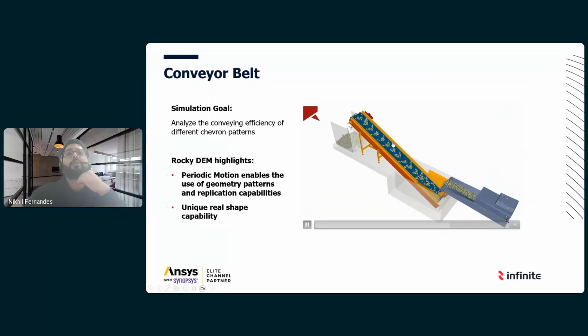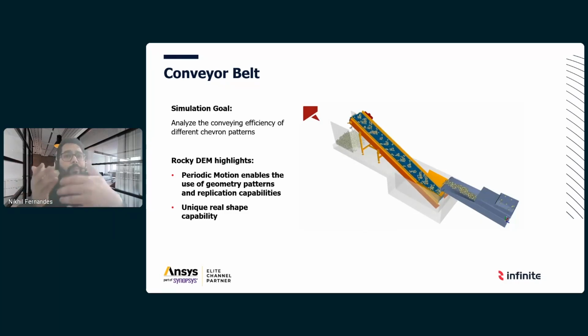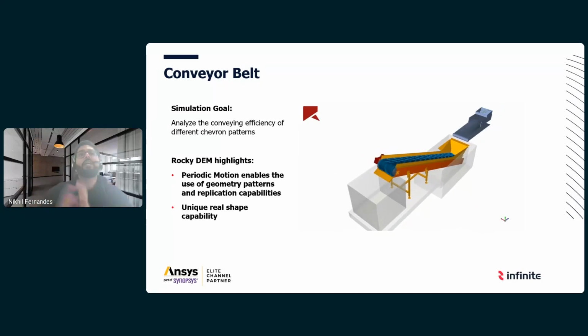That is over here. Based on the chevron pattern, we can see whether we can transport a large amount of potatoes, or do we need to change the design of the chevron pattern? So these are the questions we can solve way beforehand before building it.